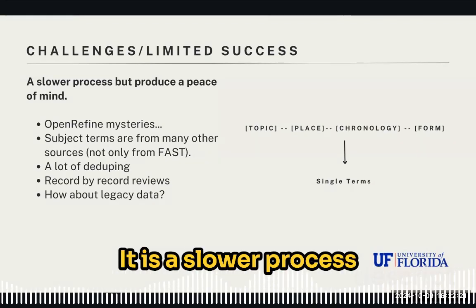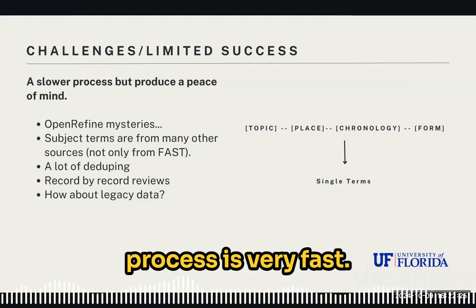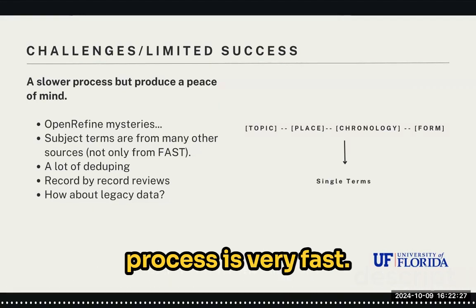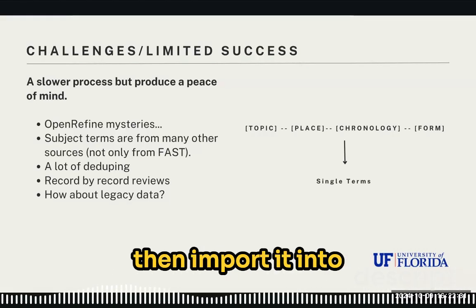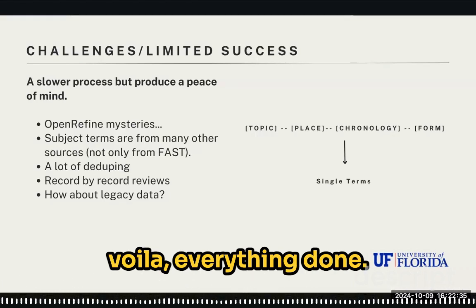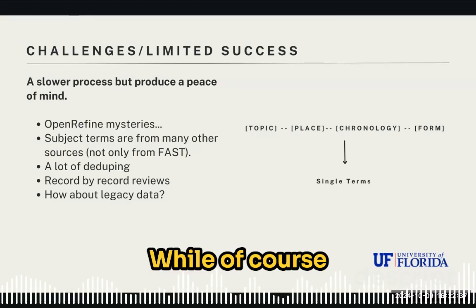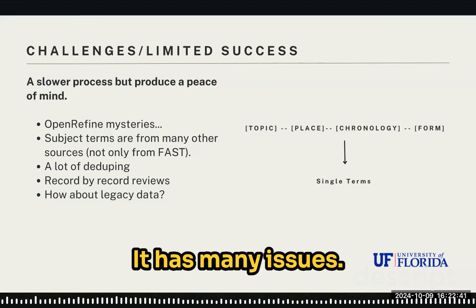It is a slower process compared to DAF, because the DAF process is very fast. You just export the data from OCLC Connexion, then import it into UFDC within minutes. Voila, everything done. Of course, it has value issues, it has many issues.